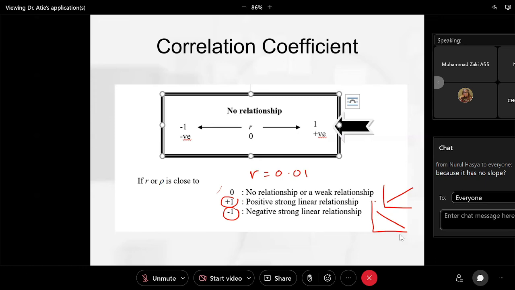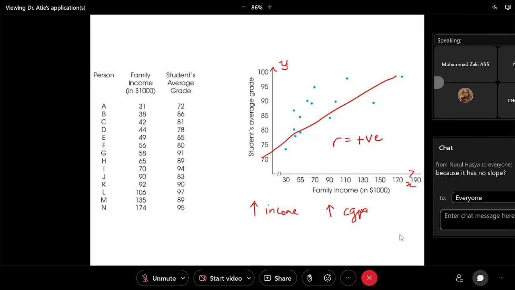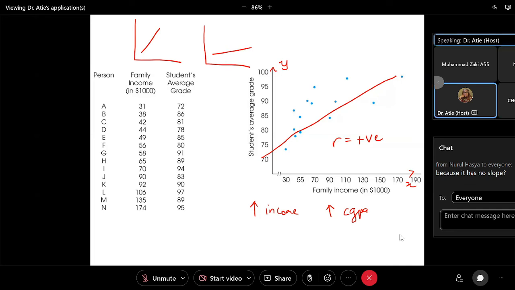Okay, go back to our scatter plot just now. I would like to make some comments. If you have this slope, which one do you think has a stronger relationship? Graph A or graph B?